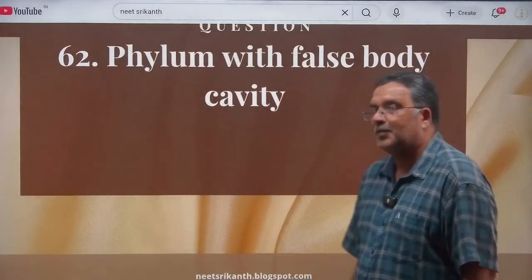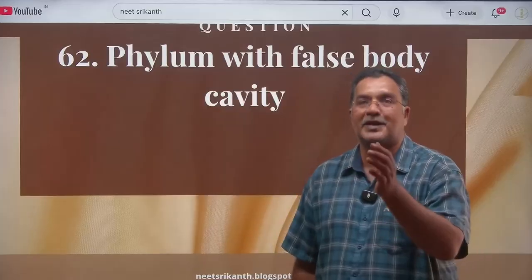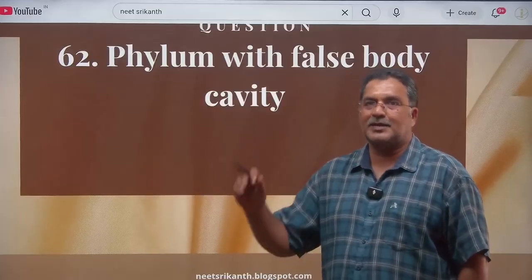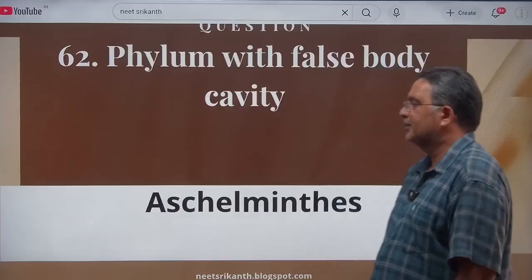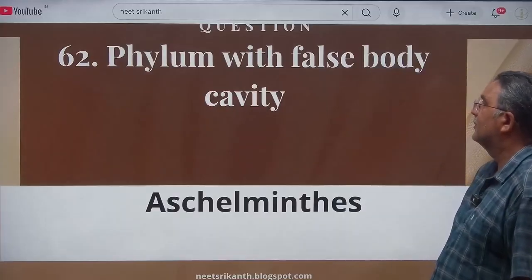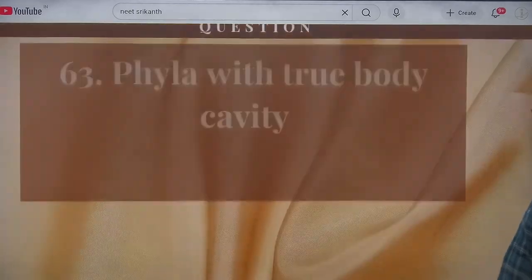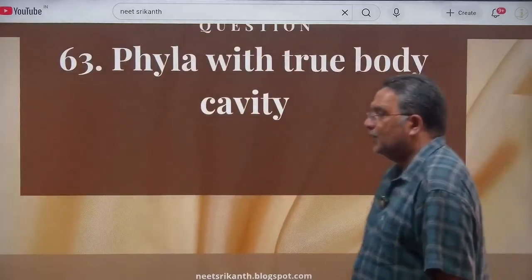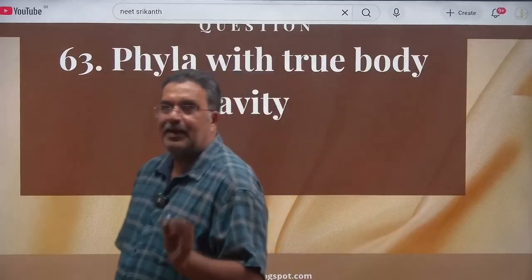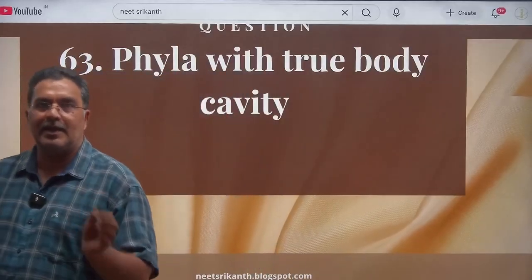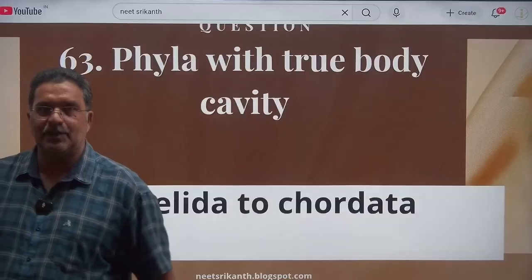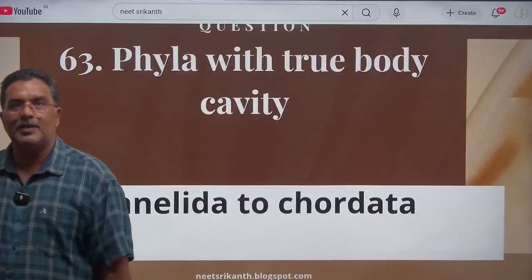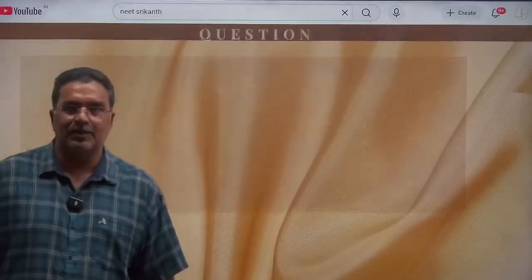Phylum with false body cavity, Pseudocoelomata, that is Aschelminthes. Phyla with true body cavity, from phylum Annelida to Chordata: Annelida, Arthropoda, Mollusca, which are Schizocoelomata, and Echinodermata, Hemichordata, Chordata, which are Enterocoelomata.